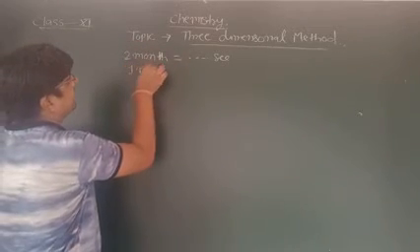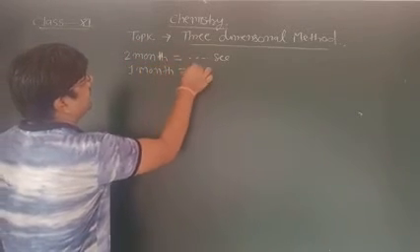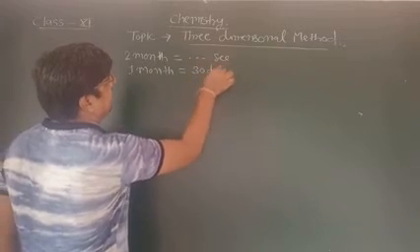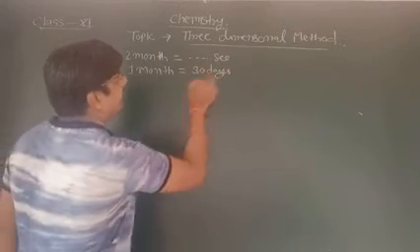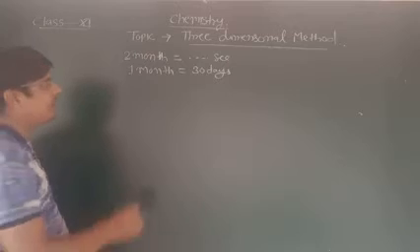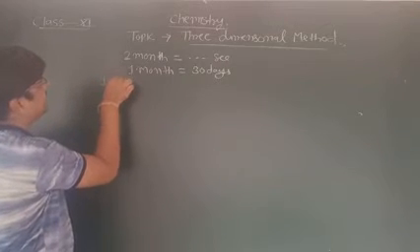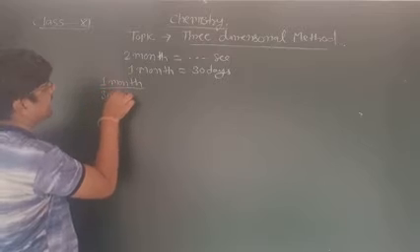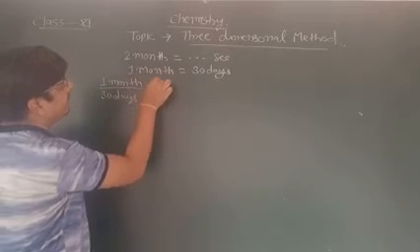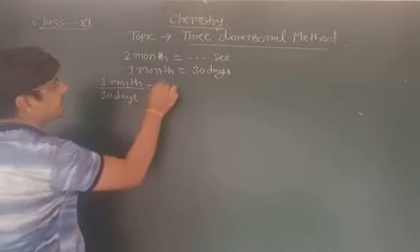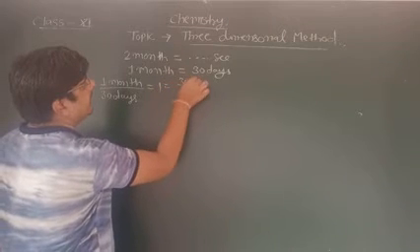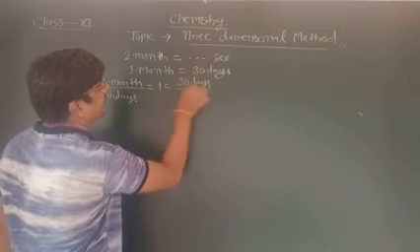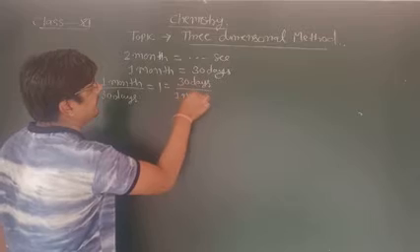Write it in unit form: 1 month upon 30 days is equal to 1, which is equal to 30 days upon 1 month.